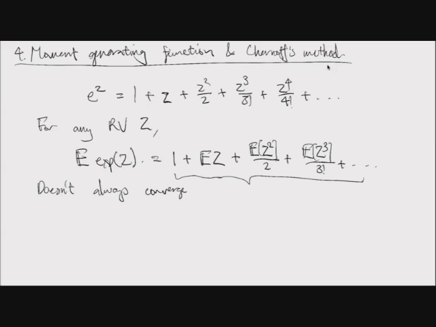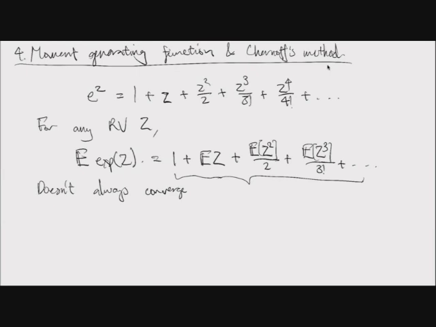If you know what a Cauchy distribution is, a Cauchy distribution does not have finite variance, and all moments higher than 2 are also infinite. So such an expansion only holds for certain random variables. And in the same way, the left-hand side, the expectation of exponential z, need not be finite, except for certain random variables.